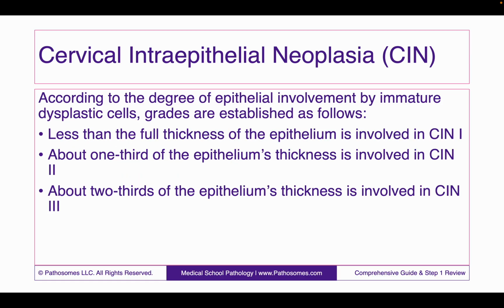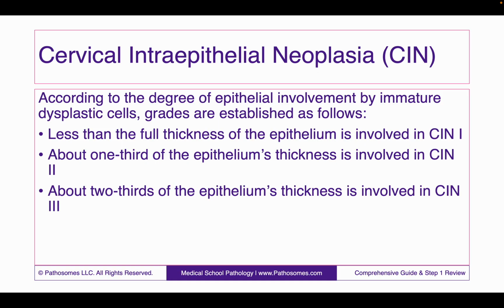According to the degree of the changes, right, the epithelial involvement by the immature dysplastic cells, certain grades are established as follows, from best to worst. If less than 1/3 of the epithelium is involved, that's cervical intraepithelial neoplasia type 1.